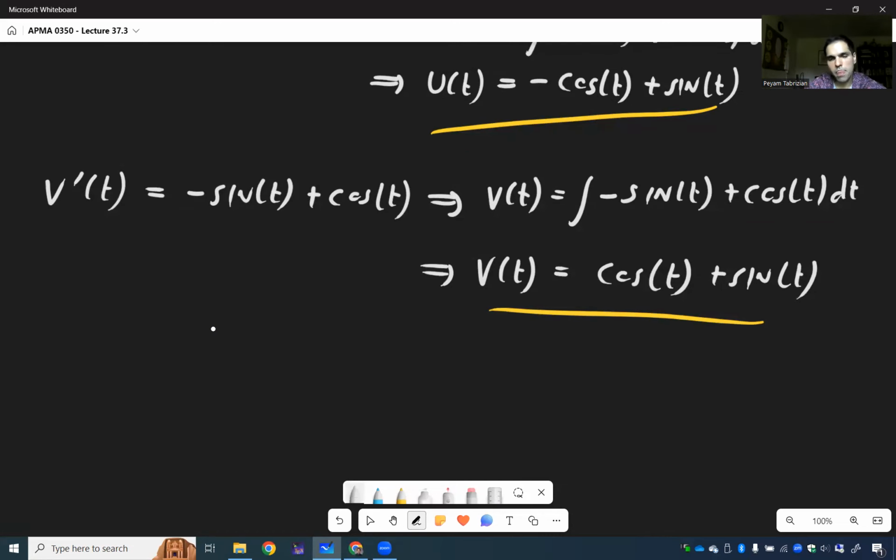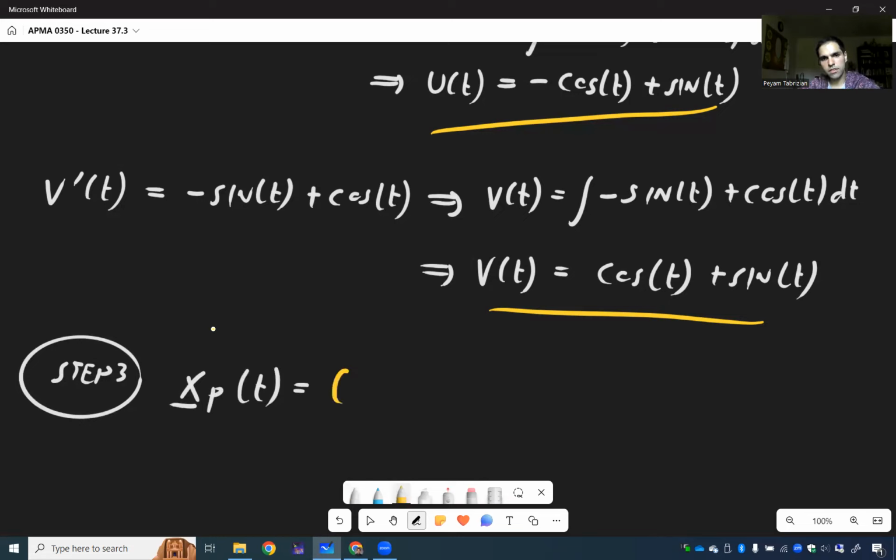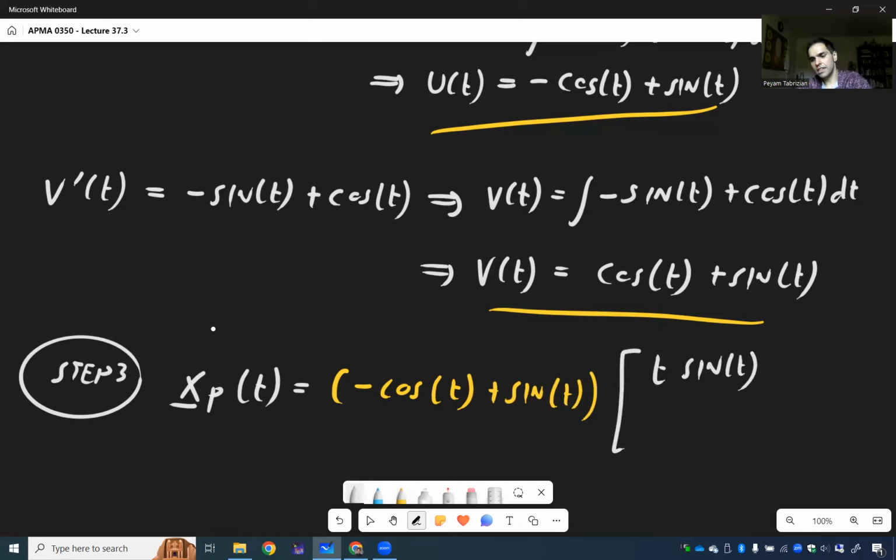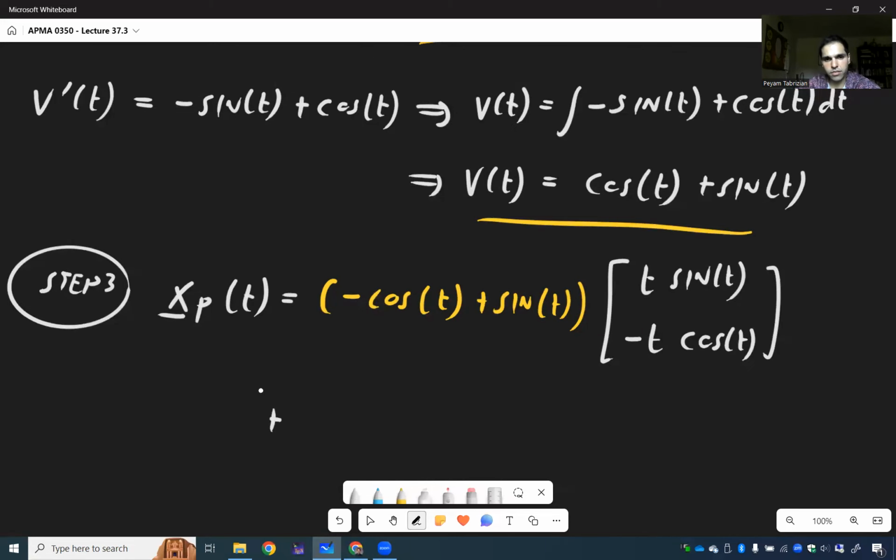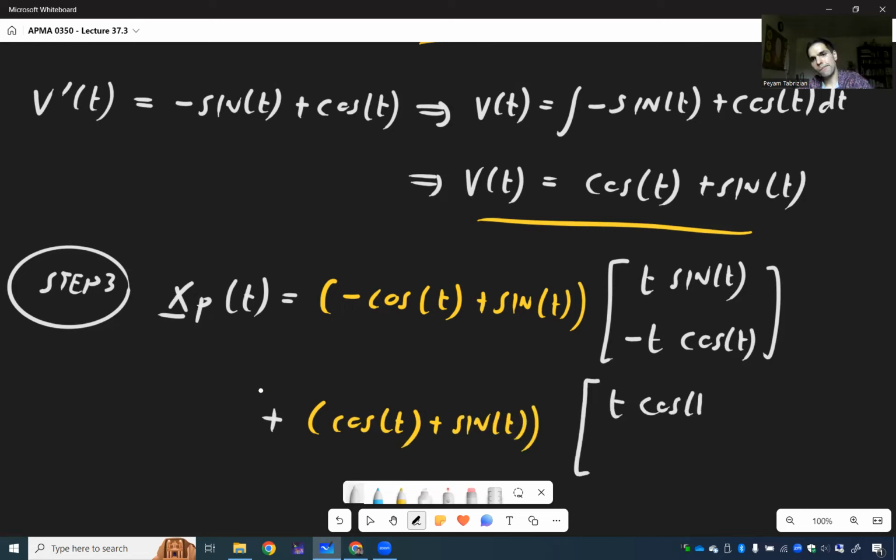So step 3. So x_p of t is minus cosine t plus sine t, so u, times the first solution, so t sine t and minus t cosine t, plus v times the second solution, so plus cosine t plus sine t, and then t cosine t, and then t sine t.